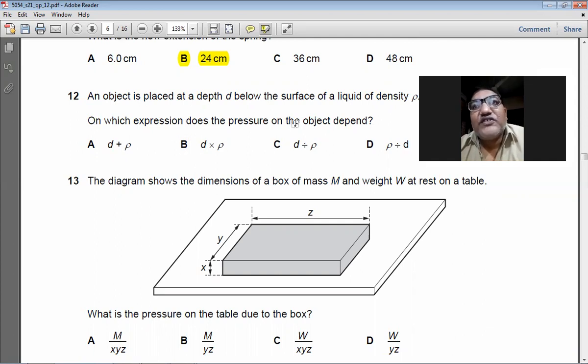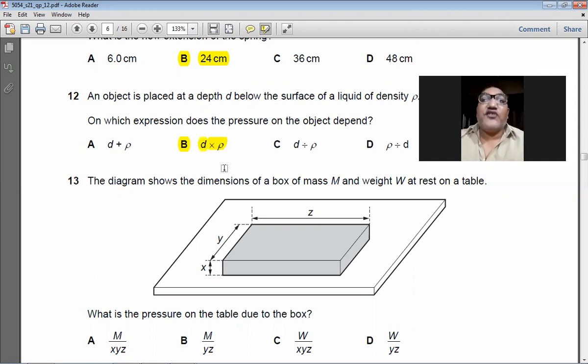So on which expression does the pressure on the object depend? The pressure is directly proportional to the product of the depth and the density. G is constant, depth and density. So I think B is the right option. Question number 12, B is the right option.